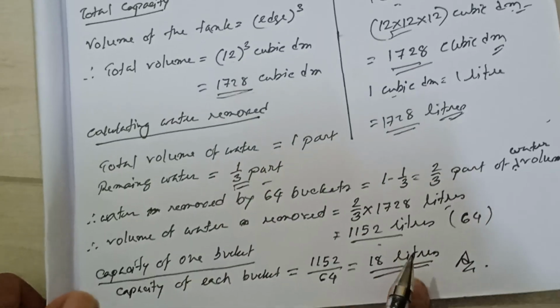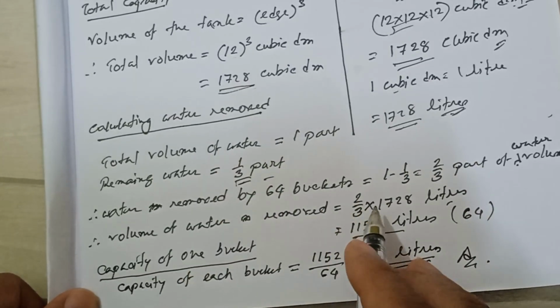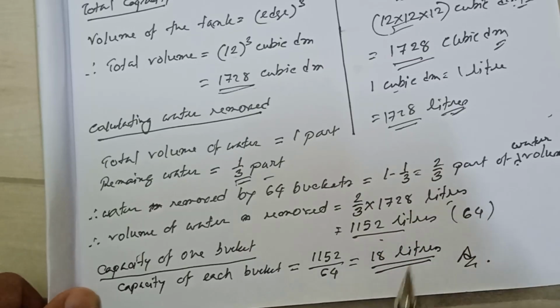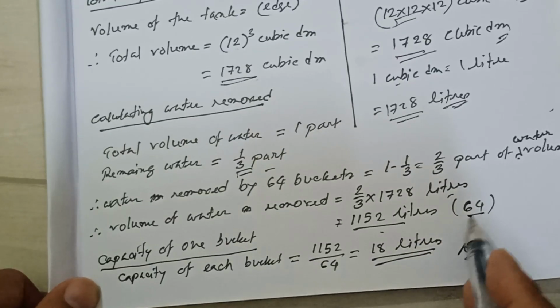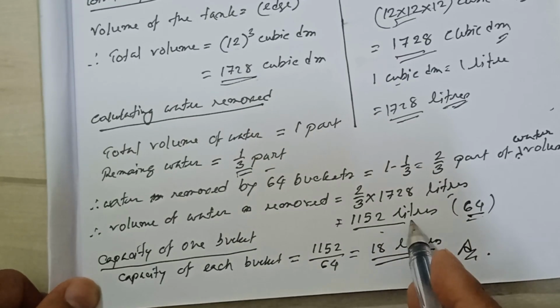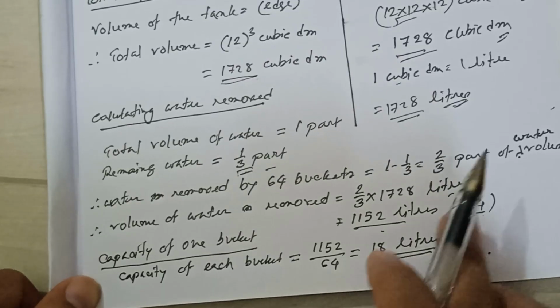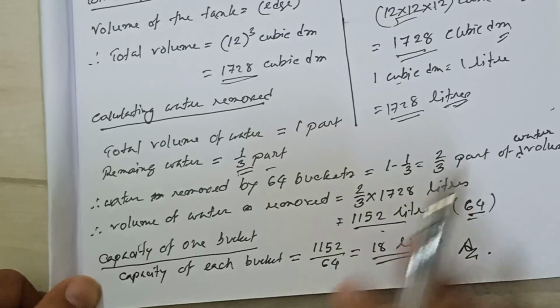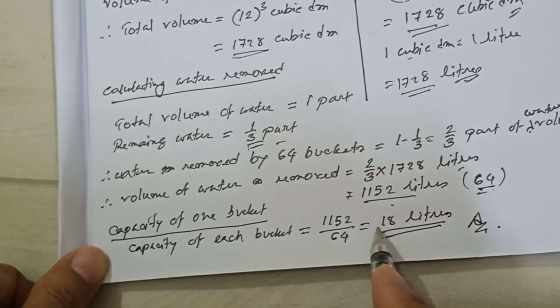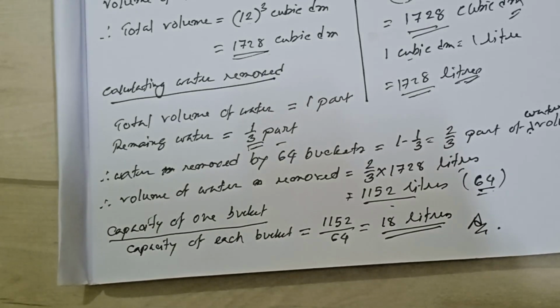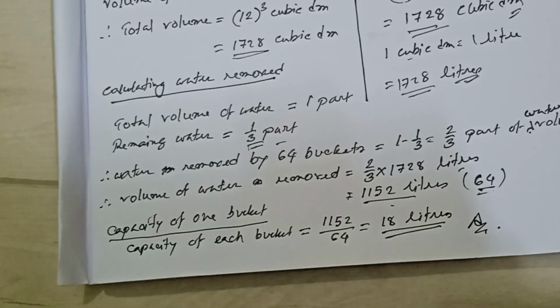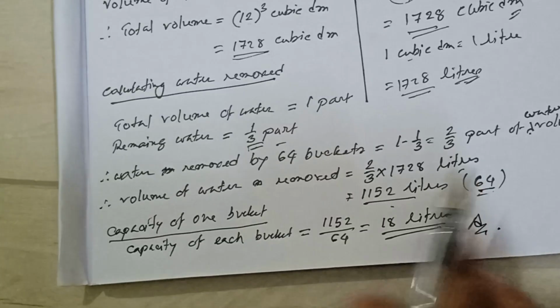Then we find 2/3 part of 1728 liters, which is 1152 liters. So 64 buckets were used to remove 1152 liters. If we divide it equally among 64 buckets, each bucket carries exactly 18 liters. Fine. So that is how we arrive at the solution.